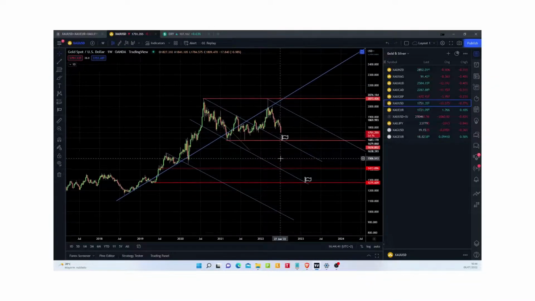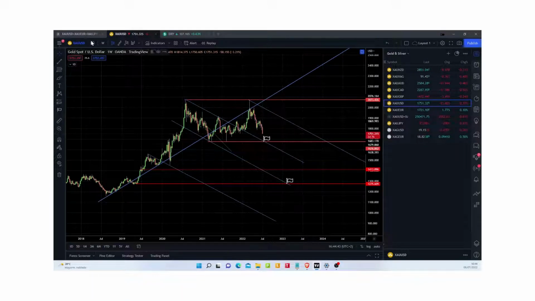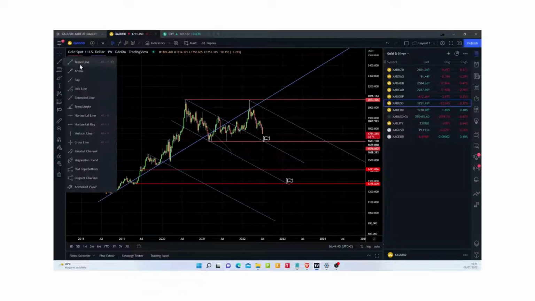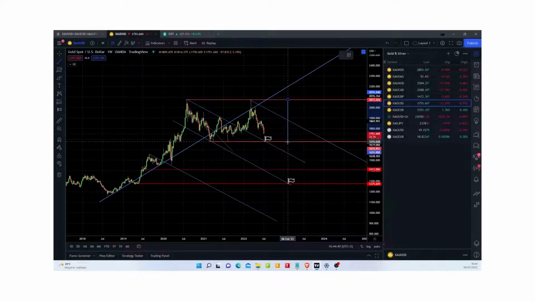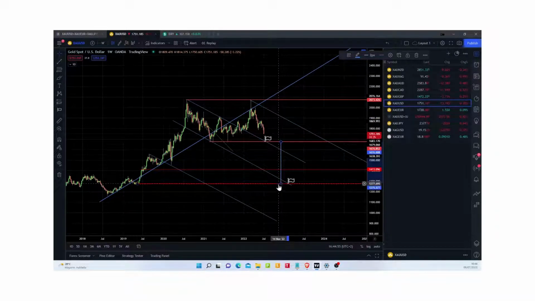So we don't have that confirmation, but should we get it in the coming weeks, the minimum objective for the downside move brings us down here, interestingly enough, by these traditional measures, just simply taking the low between the two tops, the signal line, projecting the same distance downwards.